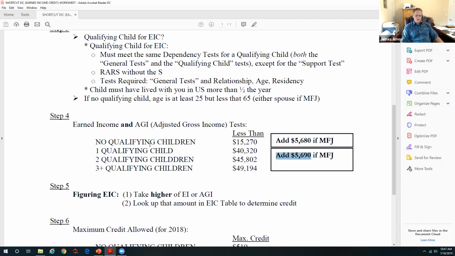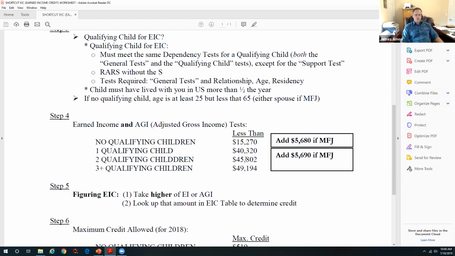When you take your earned income, you have to look at whether you have any qualifying children. If you have no qualifying children, here's your cutoff amount. And if you're filing jointly, your cutoff amount is this plus this amount. If you have 1 qualifying child, this is your cutoff amount, and if you're filing jointly, you add that amount to it.